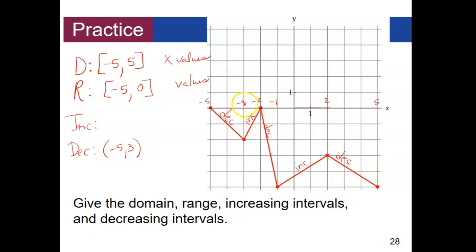And then here from -3 to -2 is where it's increasing. And then from -2 to -1, this is the part where it decreases again. Then it's going to increase from -1 to 2, so from here to here.